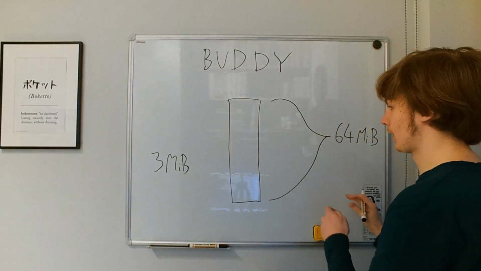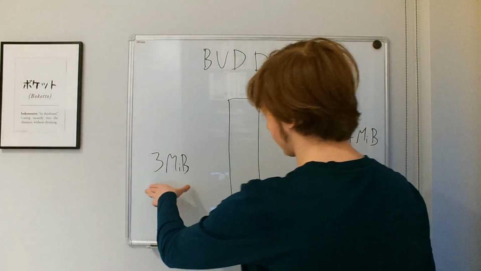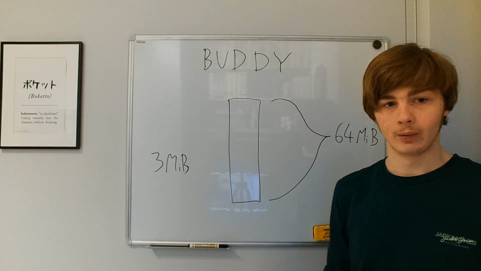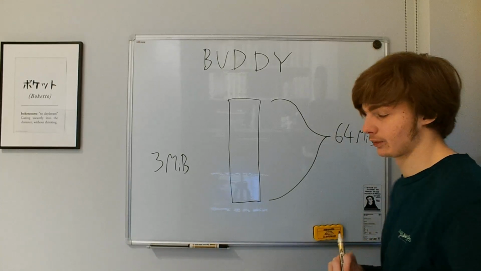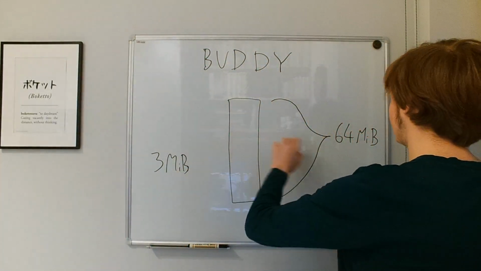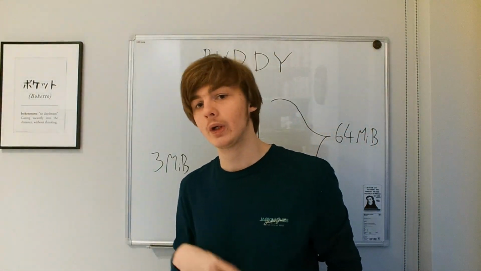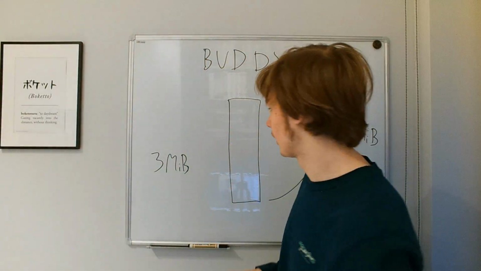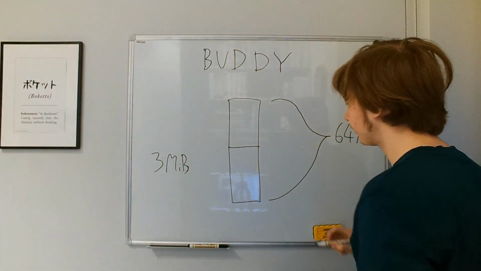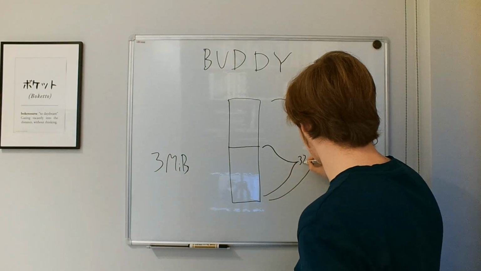So let me provide an example. We're trying to allocate 3 megabytes, and we have a memory of the size of 64 megabytes. And what we do is we check, well, would this fit in this memory? Well, of course it would. And if we split it in half, would it still fit? Well, yeah, so let's split it in half. So now we're going to have 32 megabytes.